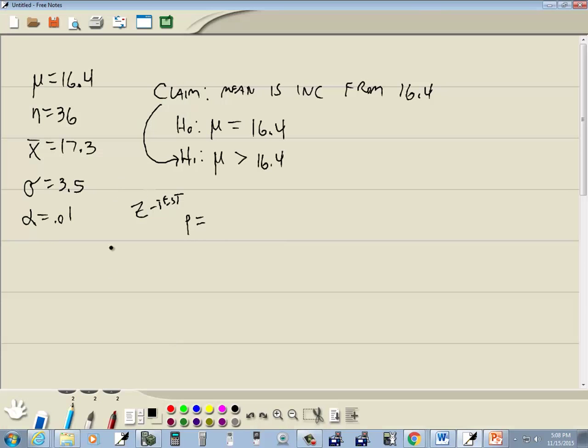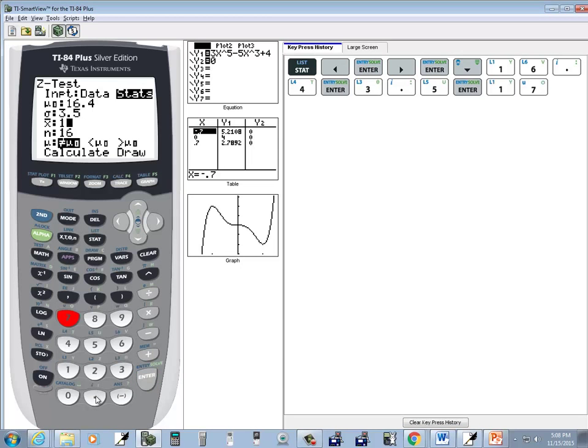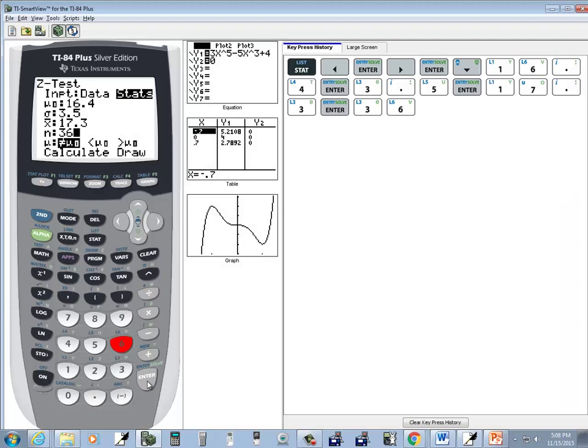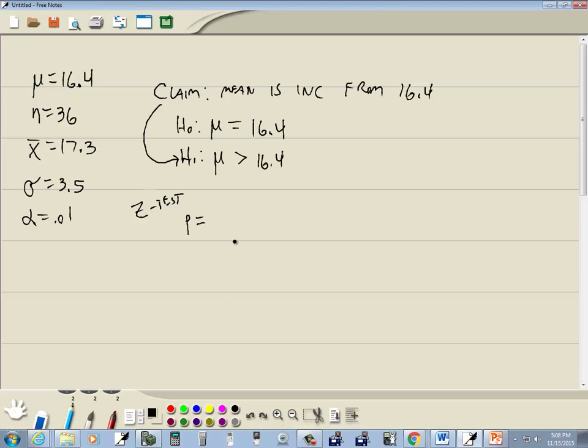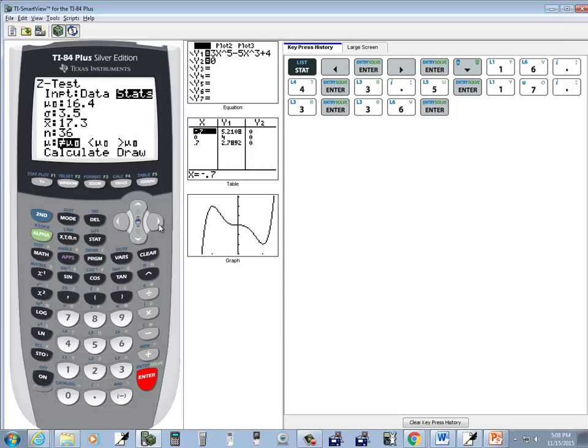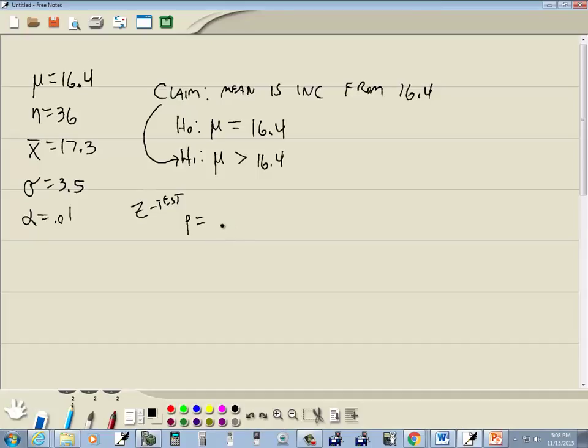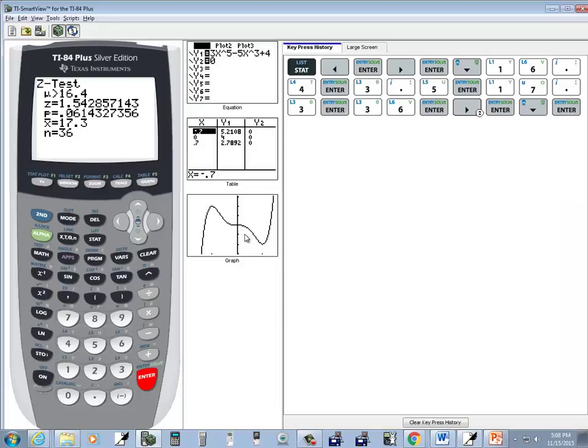X bar was 17.3. n is 36. The symbol on H1 was a greater than. So I'm going to right arrow over to the greater than and press enter on it. Down arrow and do enter on calculate. And we get p is equal to 0.0614.